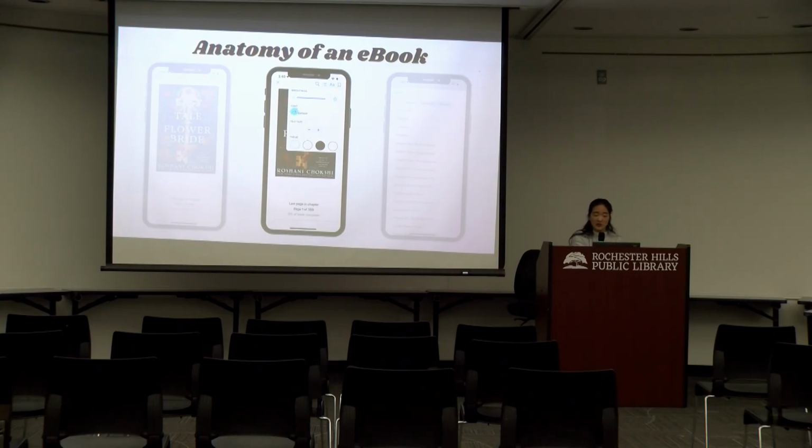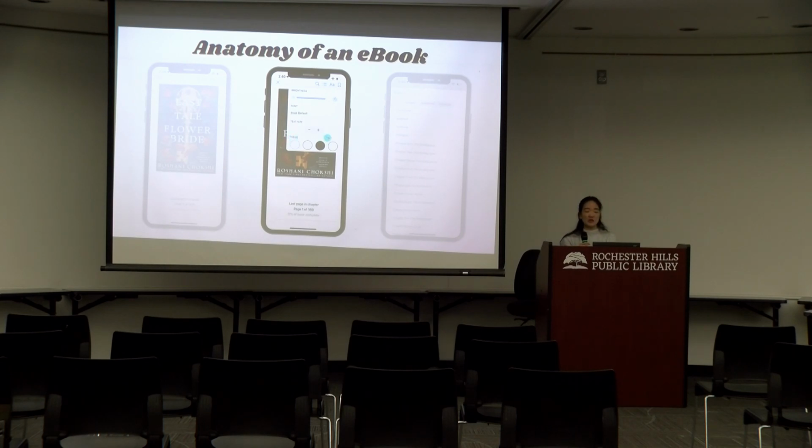You can change the book's font, between sans serif or serif fonts. There are even a couple of fonts that are more dyslexia friendly. You can also change the size of the text of the book. You can make it really big or really small. It's entirely up to you.